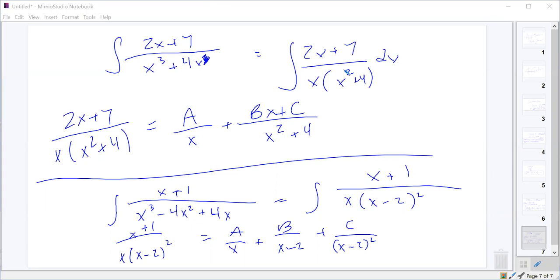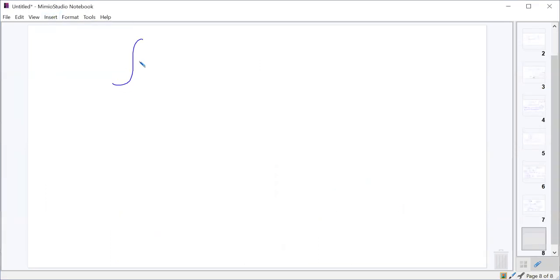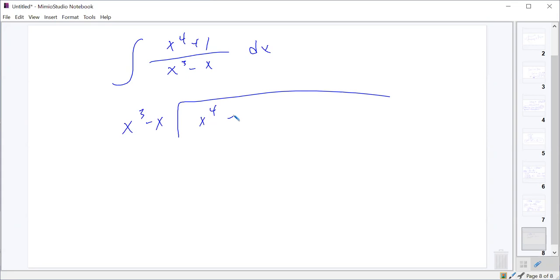So suppose we had something like x to the fourth plus 1 over x cubed minus x, let's say. If we wanted to integrate that, the first thing we do, since the degree of the numerator is greater than the degree of the denominator, is long division. And remember, if you're doing your long division, don't forget to put in all of the missing terms.